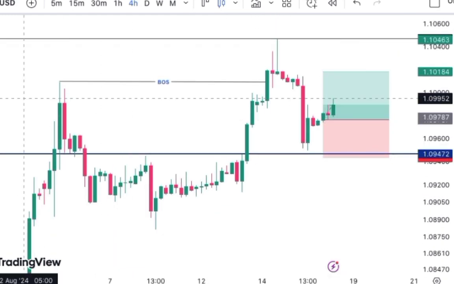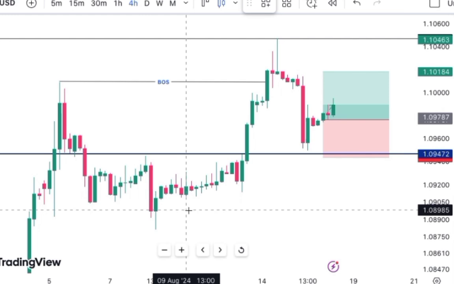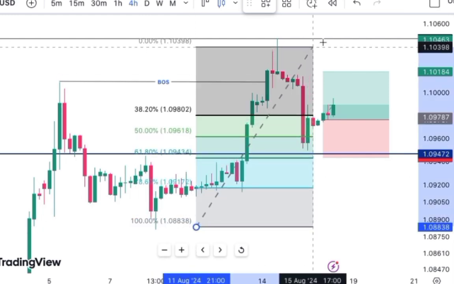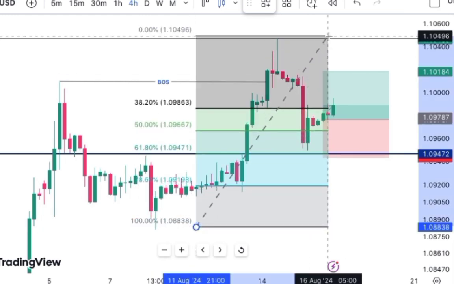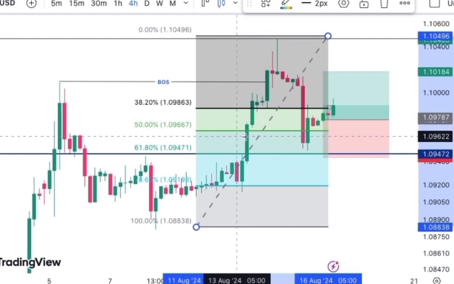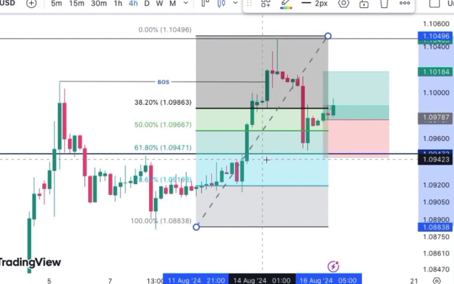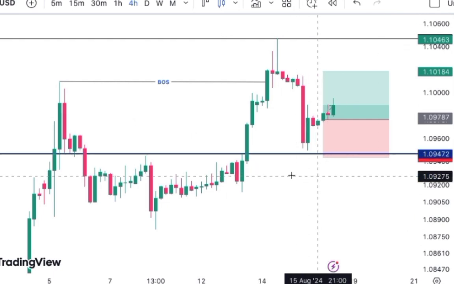When you use your fib tool again, you will see that this market has really retraced. You see, this one retraced below 50%, almost getting to 61.8%. So this is a good sign that the retracement is over.